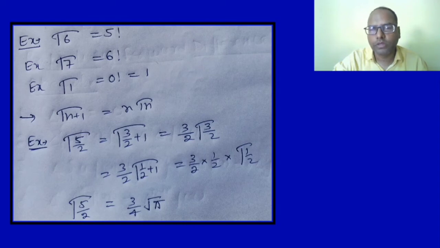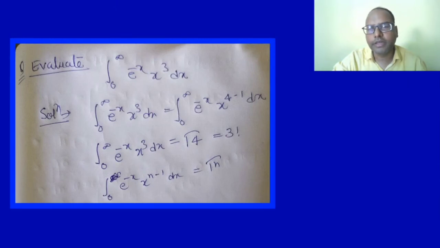So now let's take another very good example. With the help of the gamma function we can find this integral. We have to evaluate the integral from 0 to infinity of e to the power minus x, x cube dx. Students, we can write it as the integral from 0 to infinity of e to the power minus x, x to the power 4 minus 1 dx.